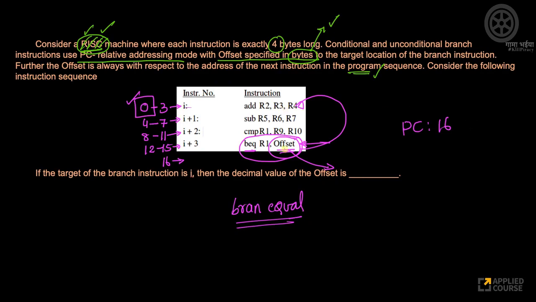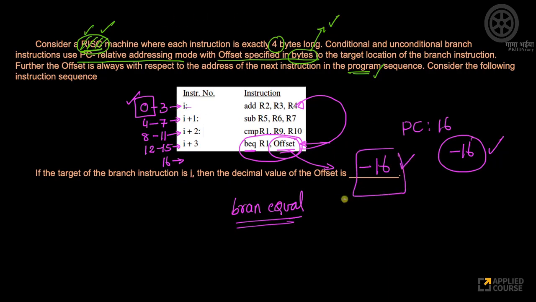Which means your offset should be minus 16. If your offset is minus 16, you jump back to this. Because this offset has to be minus 16, the answer here is minus 16.